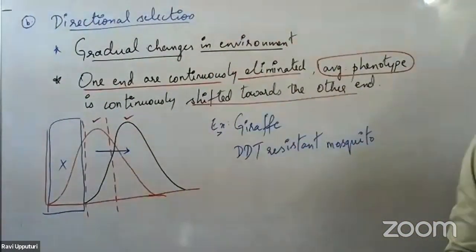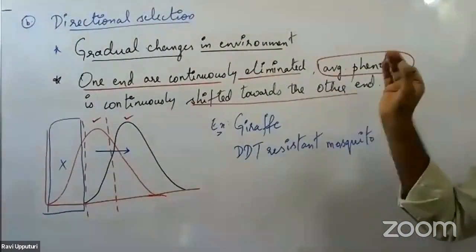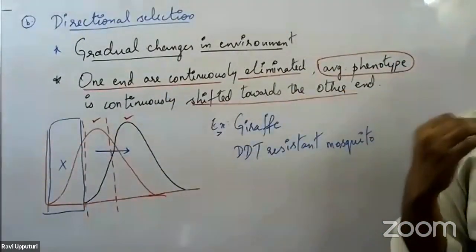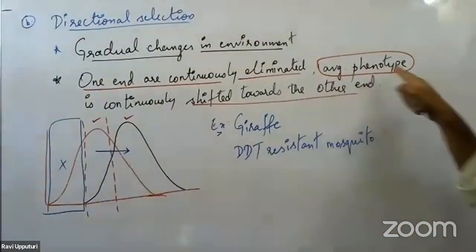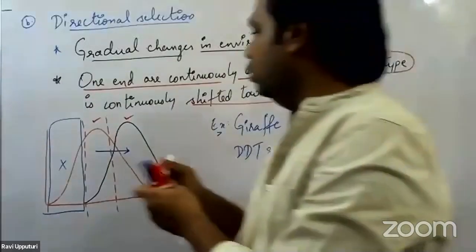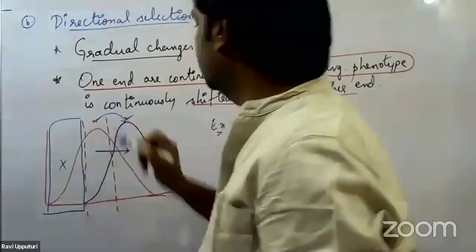Whereas in directional selection, individuals present towards one end of the phenotypic distribution are constantly being eliminated from the population. As a result, the average phenotype is continuously shifted towards the other end. From here, the average phenotype has been shifted to this particular point.